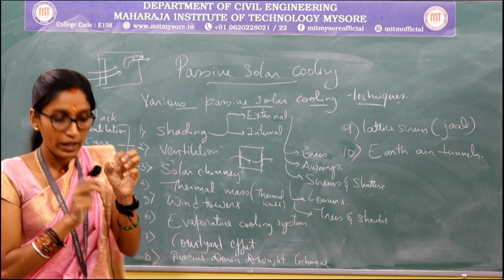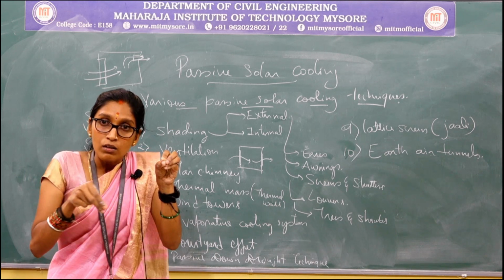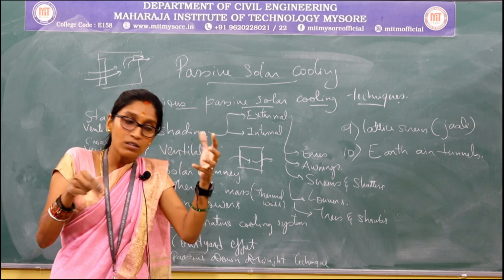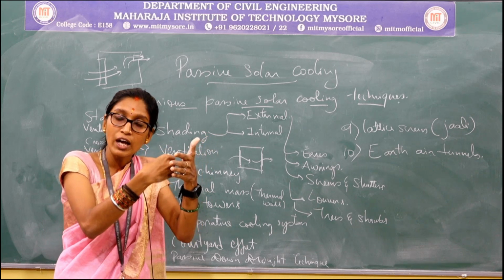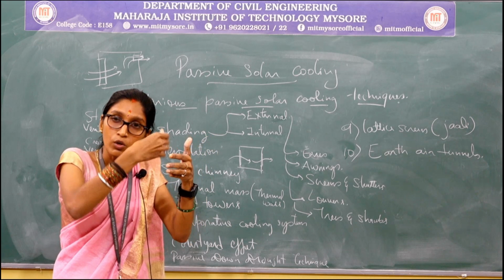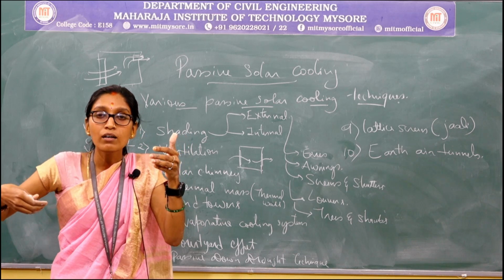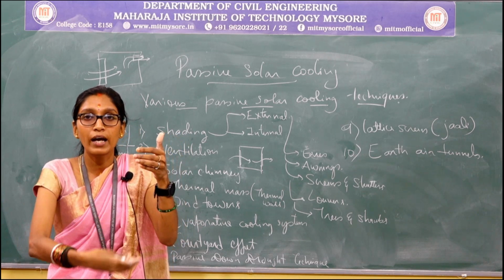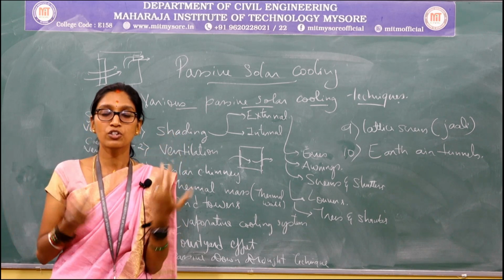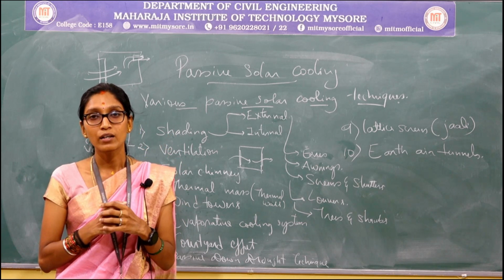right? Evaporate, and the air which has come in contact with the water would have cooled and gained a cooling effect, and that air is moving in a downward direction into a building, right?